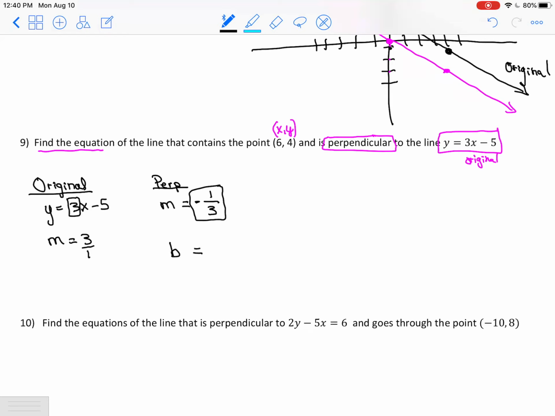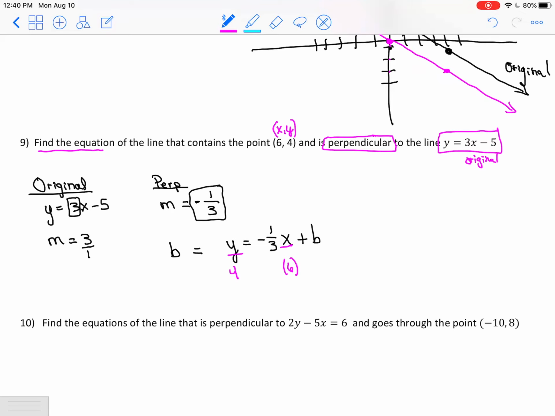And in order to find our b, remember that we write out an equation in slope-intercept form using our new slope, and we solve for b. So we want to make sure that we plug in our y and our x. Looks like here our y is 4 and our x is 6.